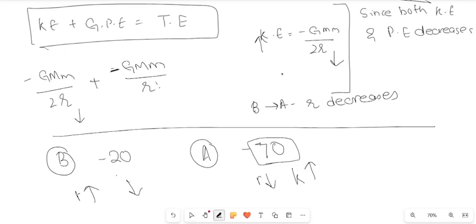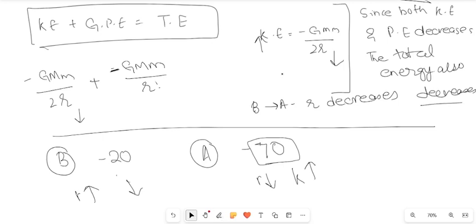So both kinetic energy and potential energy decrease, and the total energy also decreases. That's it. Don't go into many explanations. You just have to see the relation of what happens to potential energy and kinetic energy, and you'll get 1 mark for identifying that, and then 1 mark for what happens to the total energy.